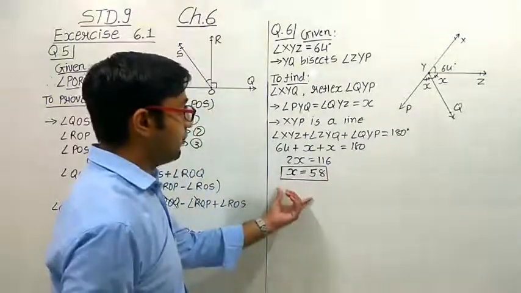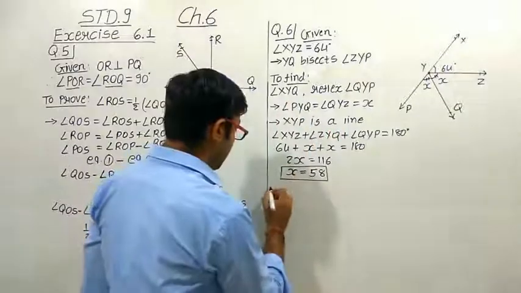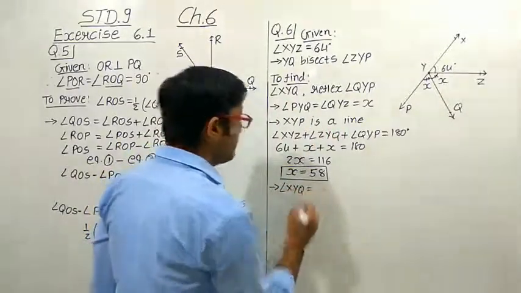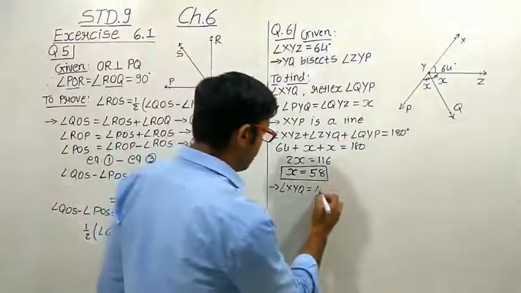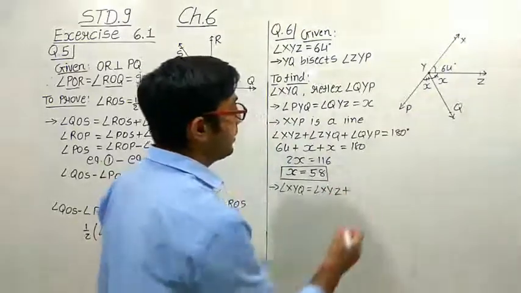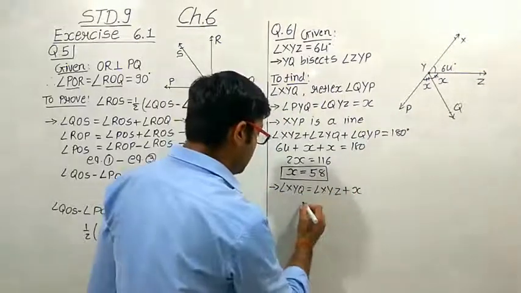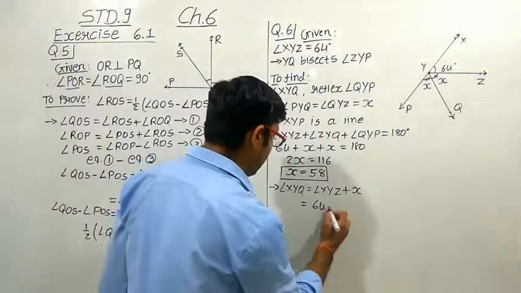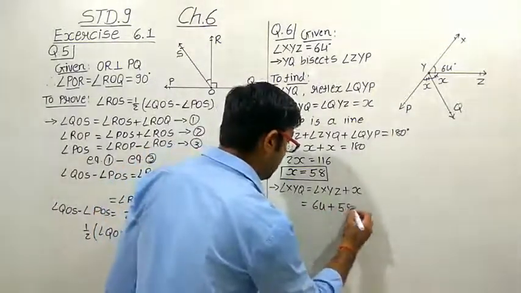Now the angle that we have to find is angle XYQ. So we can write angle XYQ. See, this angle is the addition of two adjacent angles, that is angle XYZ plus angle ZYQ, and ZYQ means X. So here angle XYZ that we have is 64 and angle X we get here is 58.